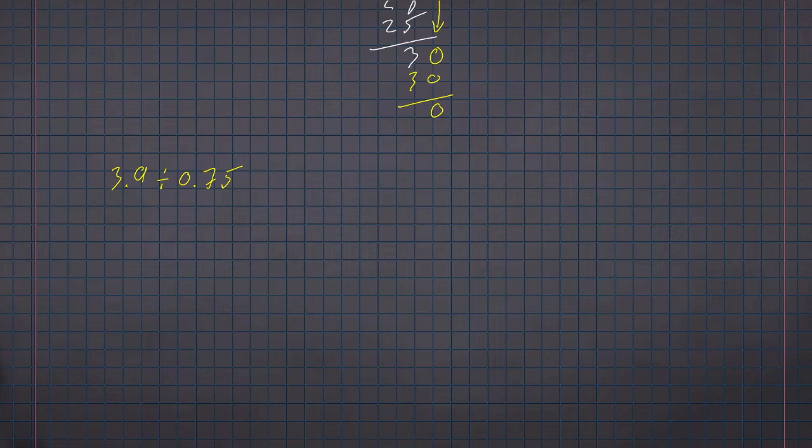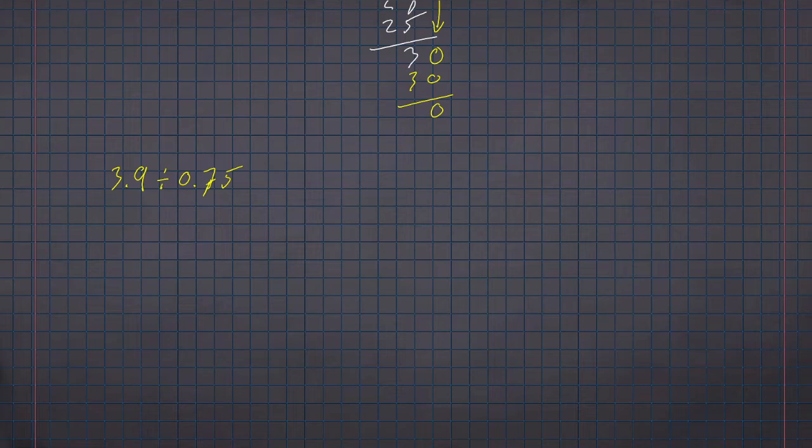I want 3.9 divided by 0.75. This is a little bit tricky. It is possible to set this up using long division without anything else happening, but decimal points are going to get lost along the way and it's going to be a headache.